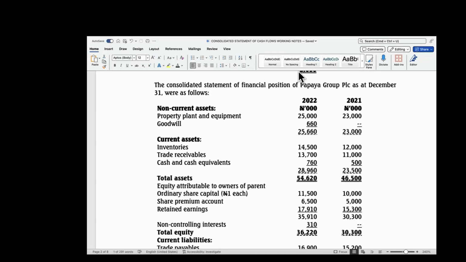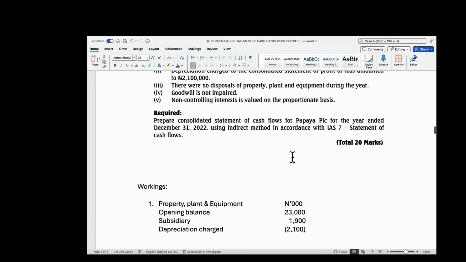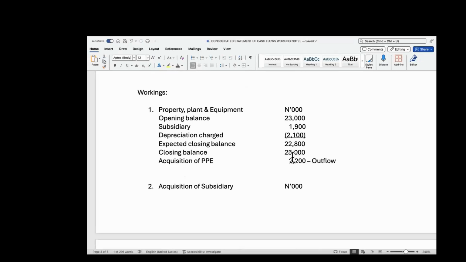If it's an increase, it means outflow; if it's reduced, it means inflow. So I will leave it like that. Is it okay like that, instead of putting it the way you are showing us? So how do you intend to adjust for depreciation and the subsidiary if you just do this alone?